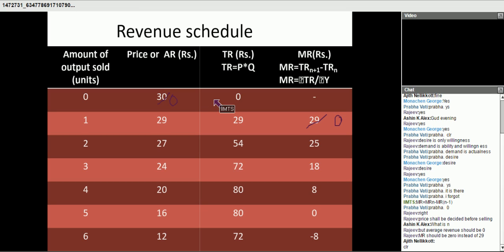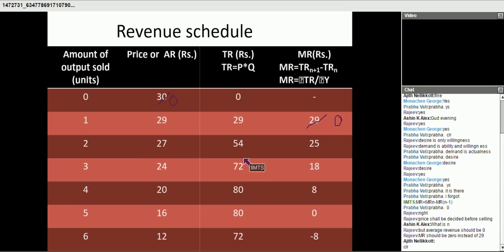Alright, now coming to the concept of marginal revenue. How is this marginal revenue calculated? It is simple. We subtract the total revenue of a unit from the subsequent unit's total revenue. Like for the second unit, it will be 54 minus 29.